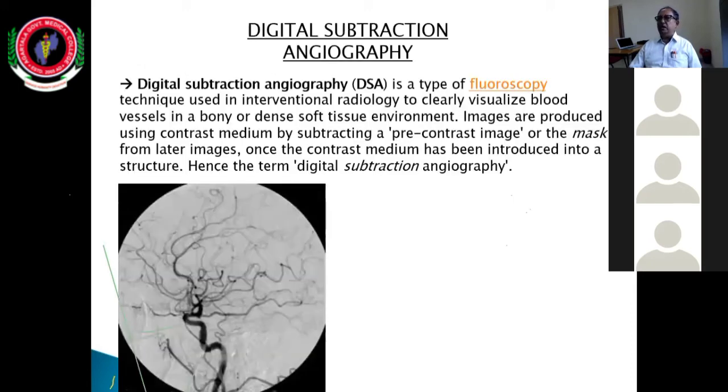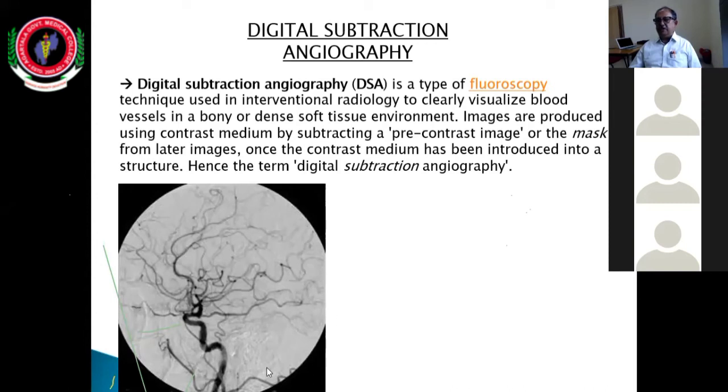Then come to the DSA, digital subtraction angiography. What is this? It is a technique mainly used for imaging of the blood vessels. These are the vessels of the brain. This is the internal carotid artery, middle cerebral artery, and the anterior cerebral artery.